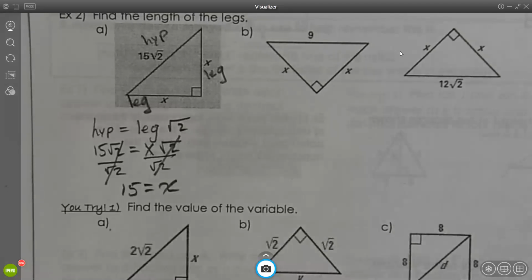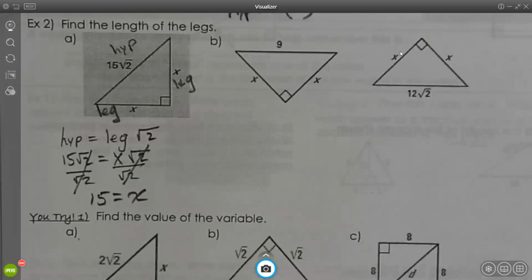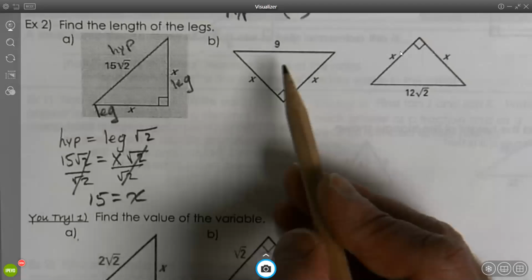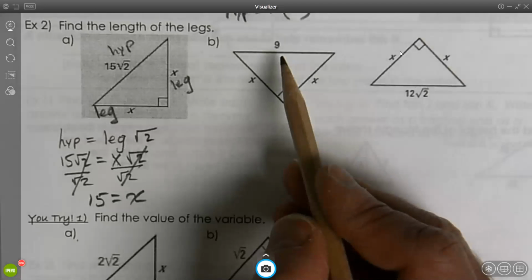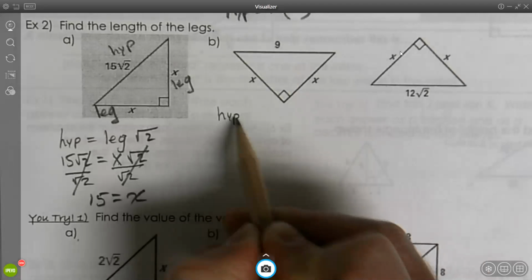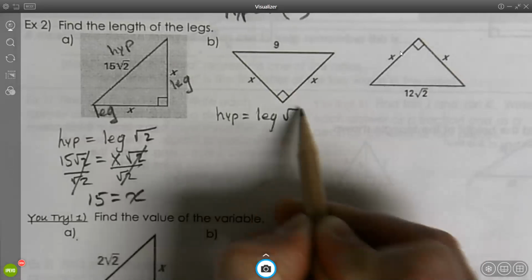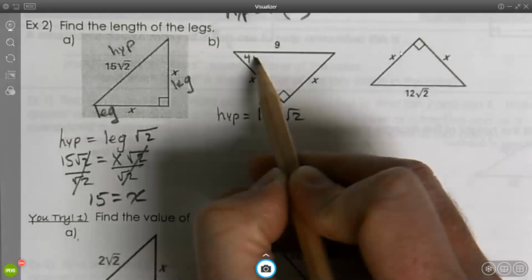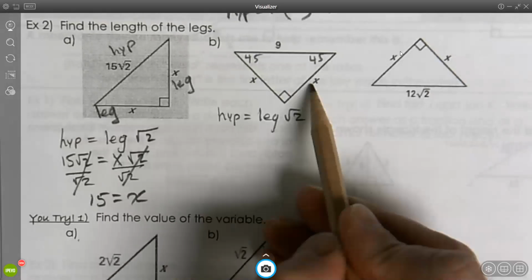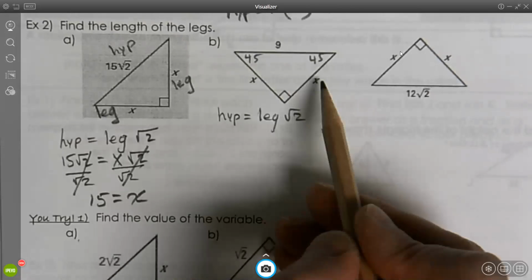All right, the hardest one, maybe on the entire page, is this next one. It's still the hypotenuse equals the leg √2, because it is a 45, 45, 90 triangle, because the legs are the same length and it's a right triangle.